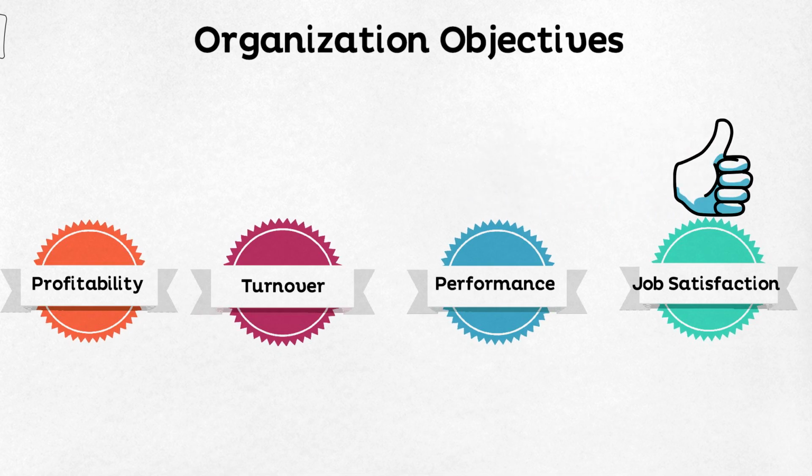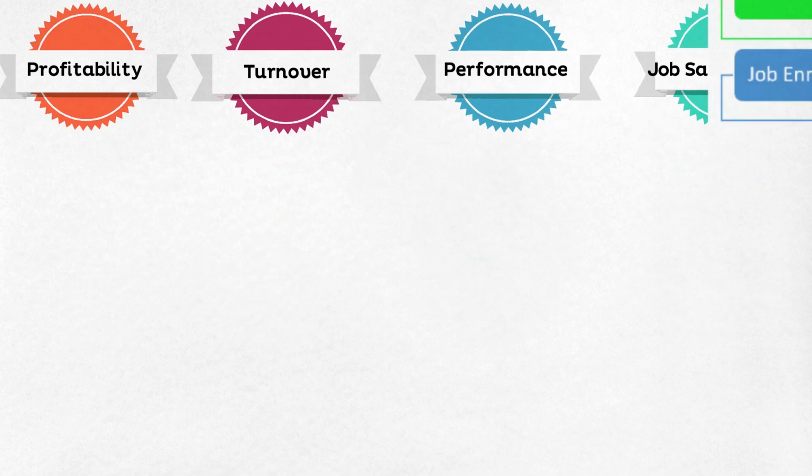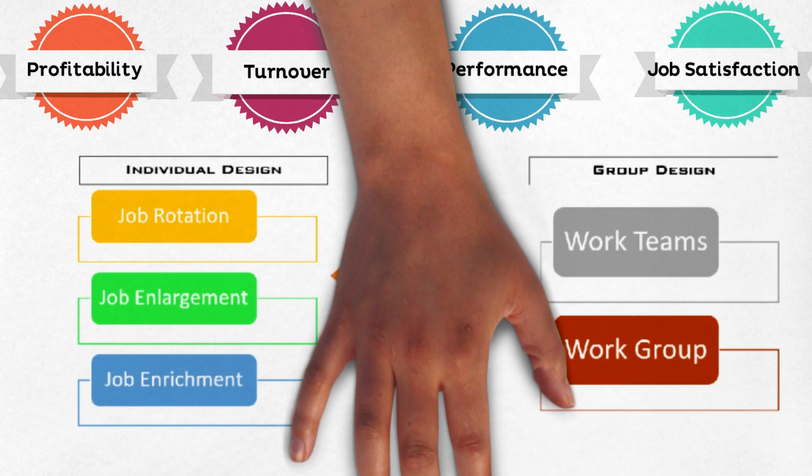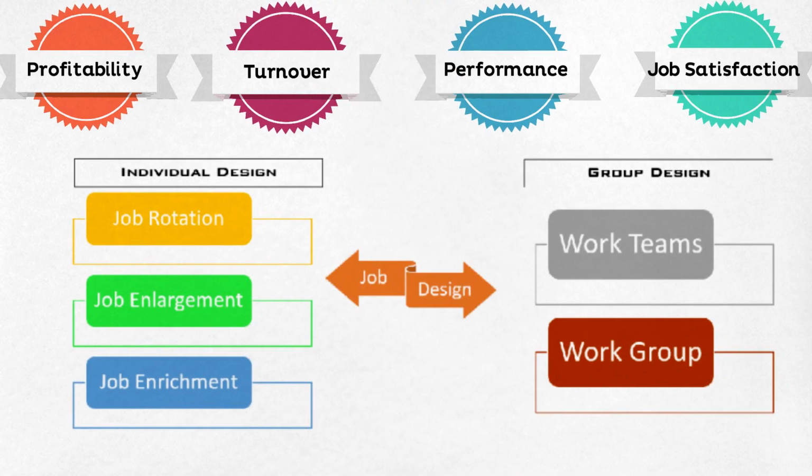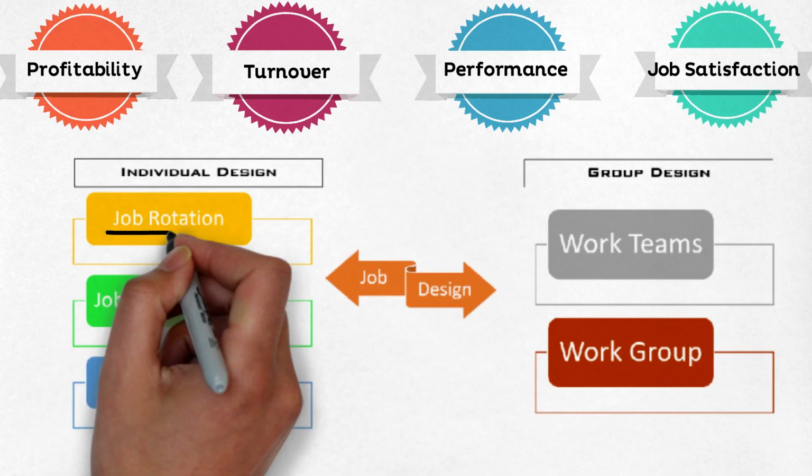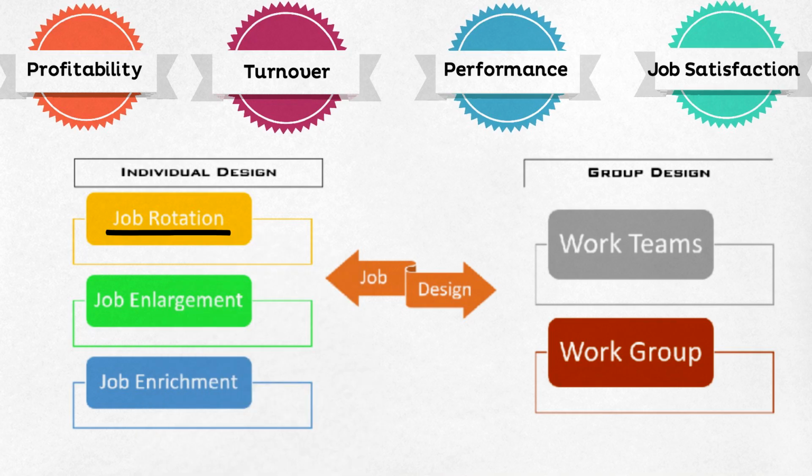Now let's see how you can tie these into job design to ensure companies increase profitability. You can do this in 2 types, individual design and group design. The work can be simplified by incorporating job rotation. This is to reduce boredom. I encourage you to watch videos on automotive production lines where the jobs are repetitive.